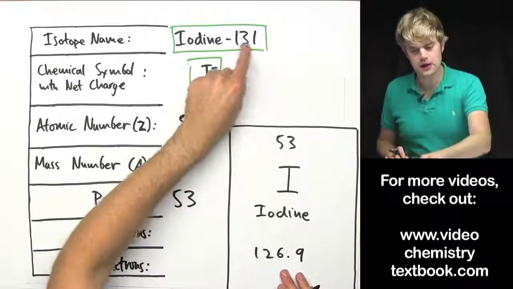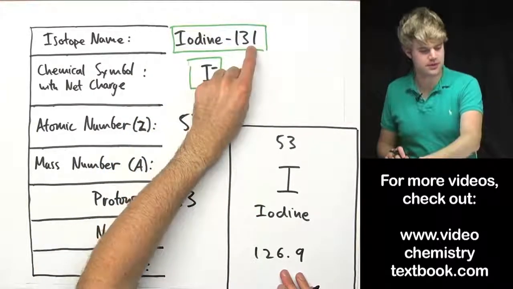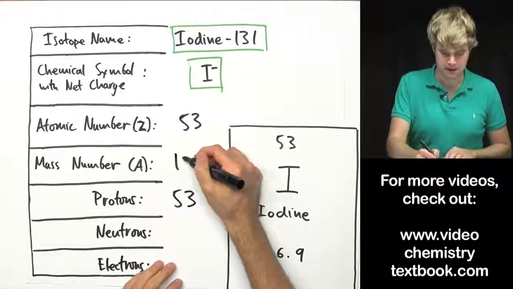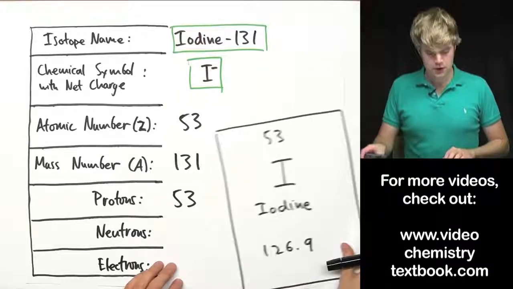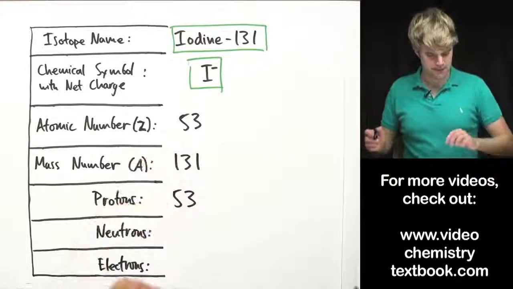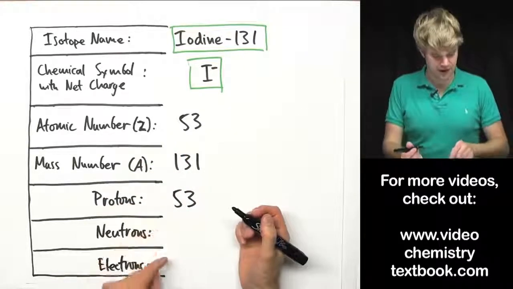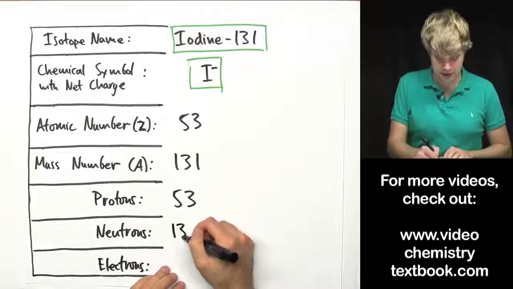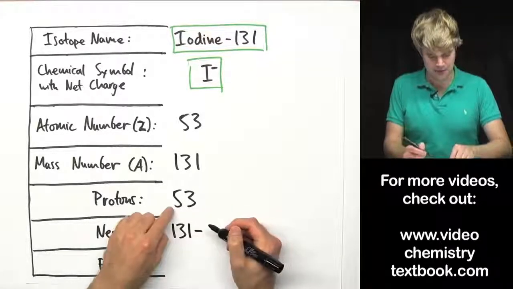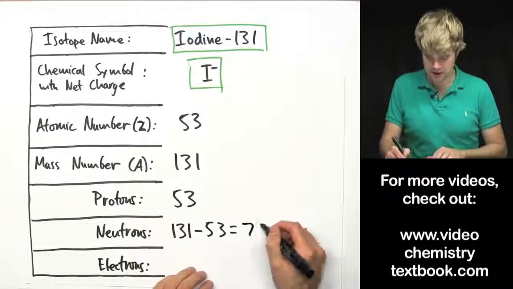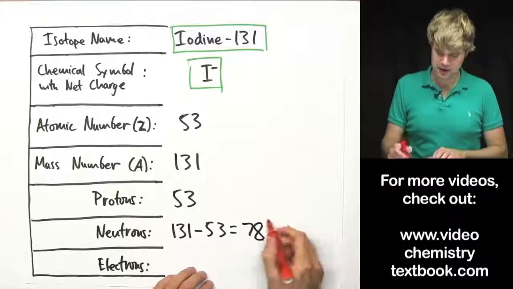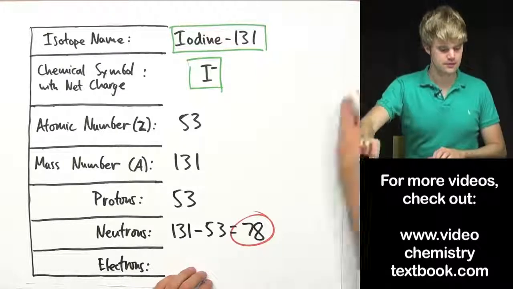The number that comes in the second part of the isotope name is the mass number, the number of protons and neutrons together. So based on this information, the mass number, I can find the number of neutrons. So protons plus neutrons minus protons, minus 53, is going to give me 78. That's the number of neutrons.